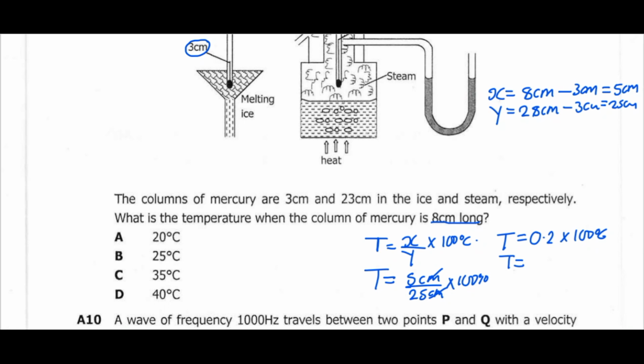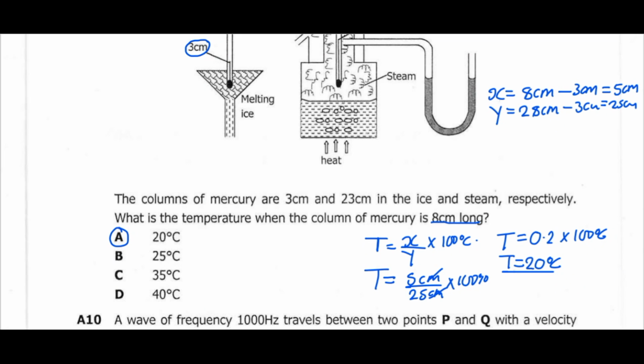If you multiply by 100, you get 20 degrees Celsius. So this is how you calculate the temperature.